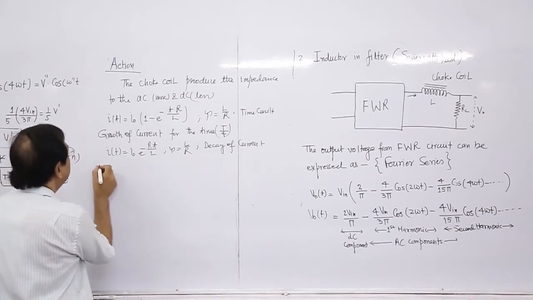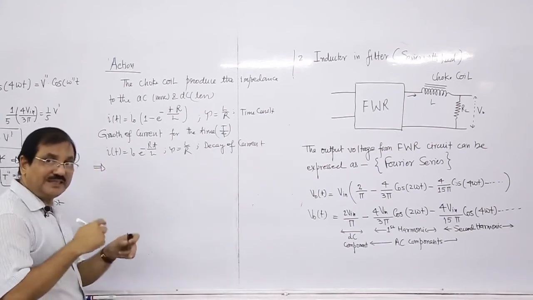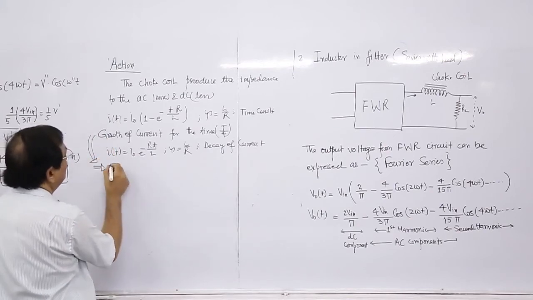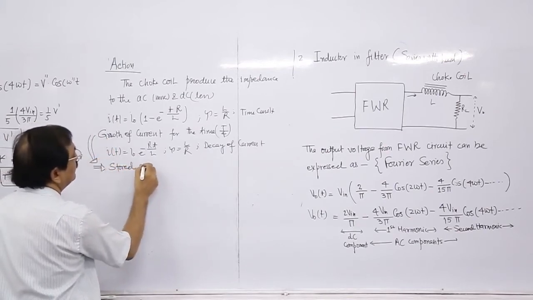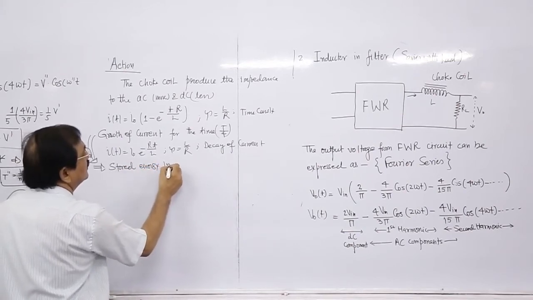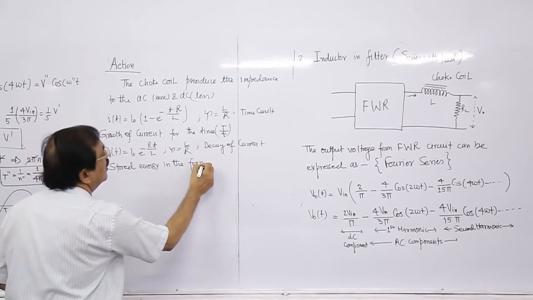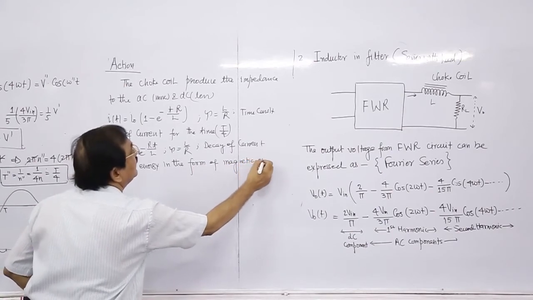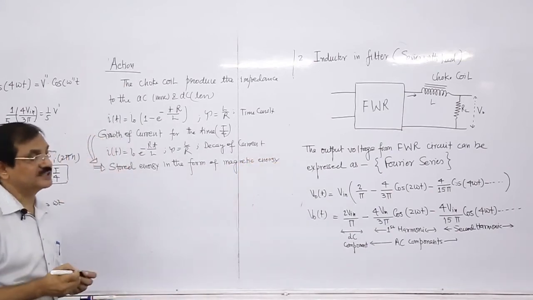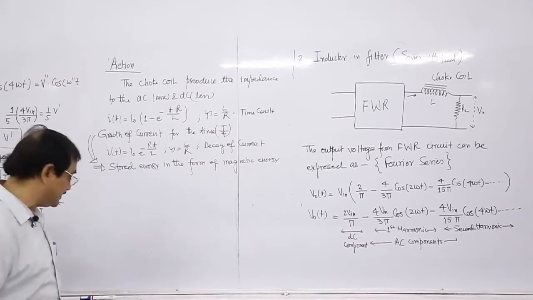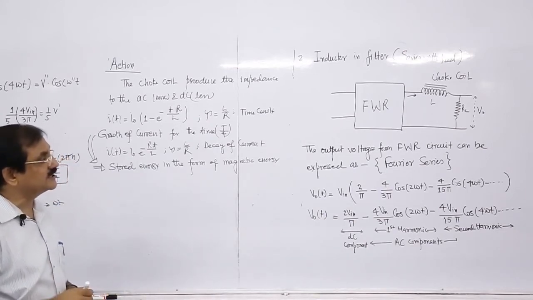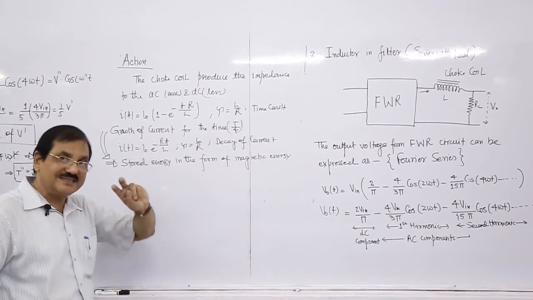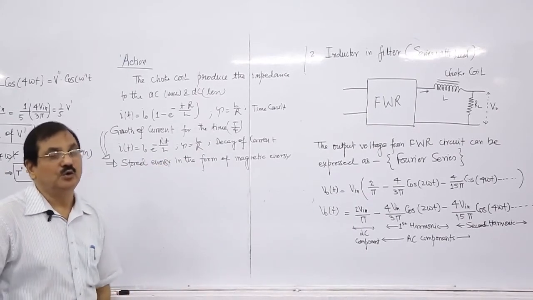During the growth of the current, the coil stores energy in the form of magnetic energy, and then during the decay of current, this energy is again supplied to the load.